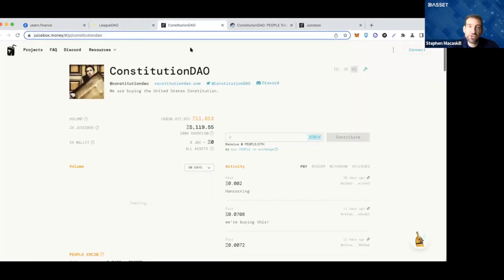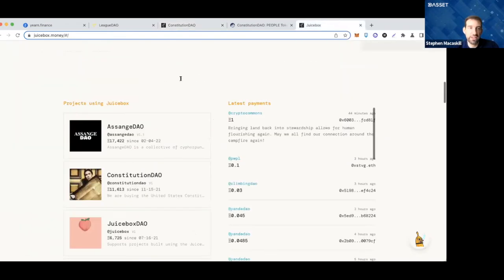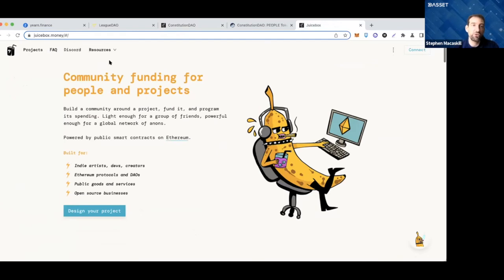So Constitution DAO, this is something that was popular last year. They raised $30 million. And what I discovered was they actually used this platform called Juicebox.